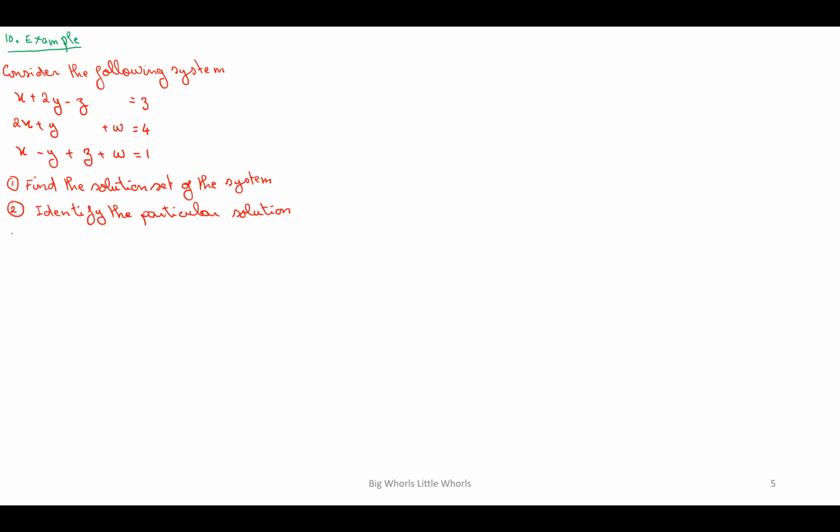Okay, and of course, as you can guess, question 3 is going to be about the homogeneous part. So identify the solution set of the associated homogeneous system.